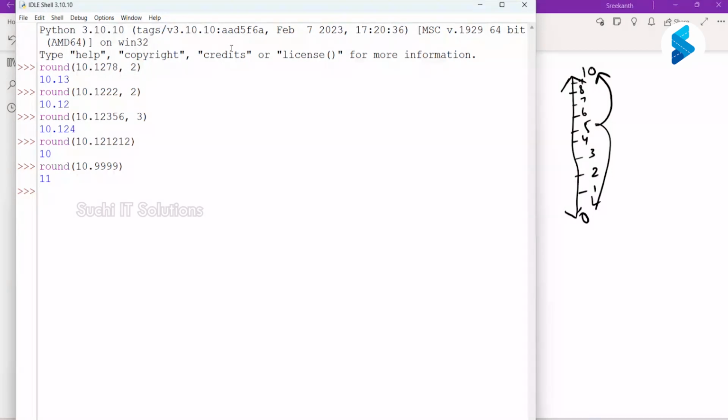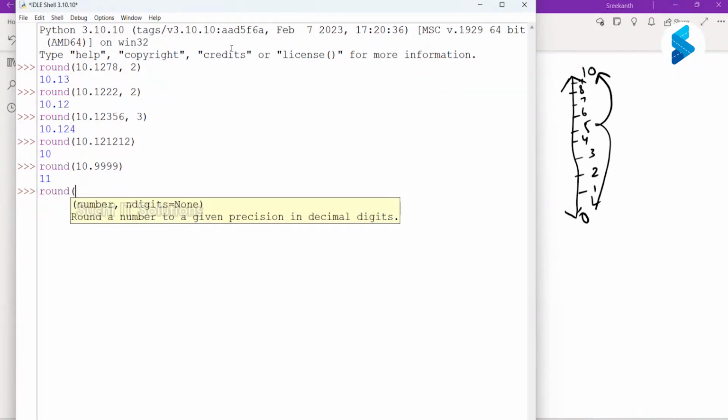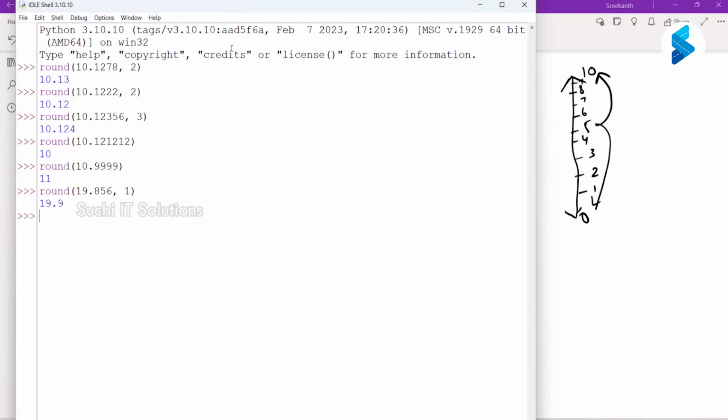Okay, I can specify as many decimals as I want. If I don't specify any decimals, then it will not consider decimals and will always return an integer. If I specify decimals, I can specify 1 to any number of decimals.